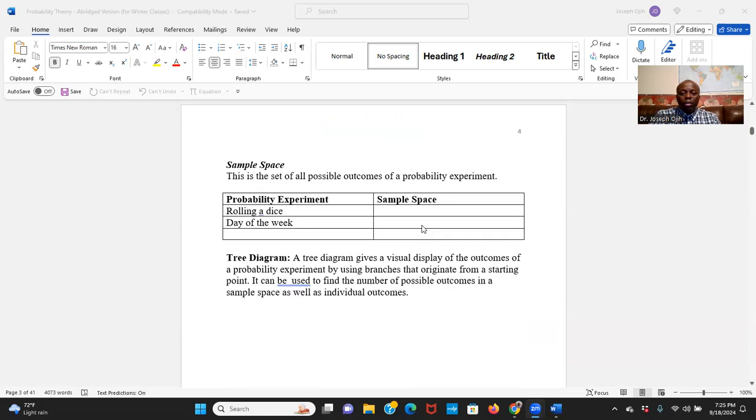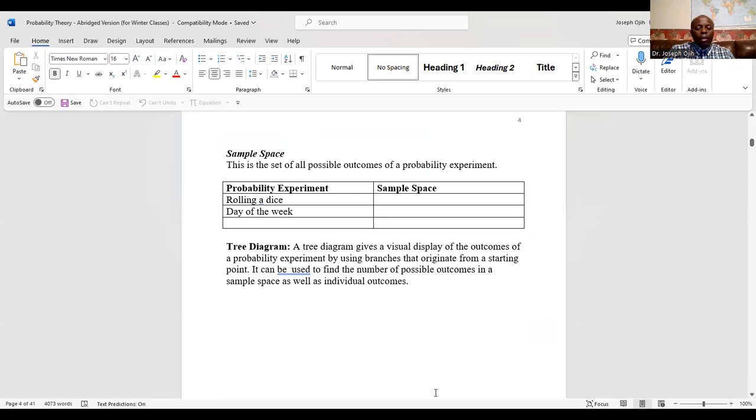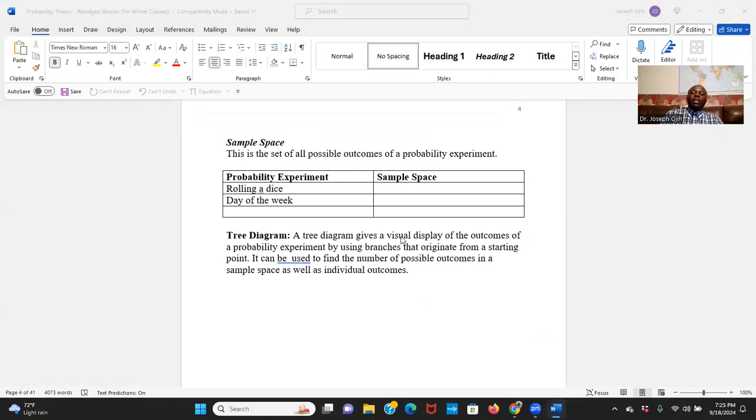Next thing is the sample space. The set of all the possible outcomes of a probability experiment is called a sample space.